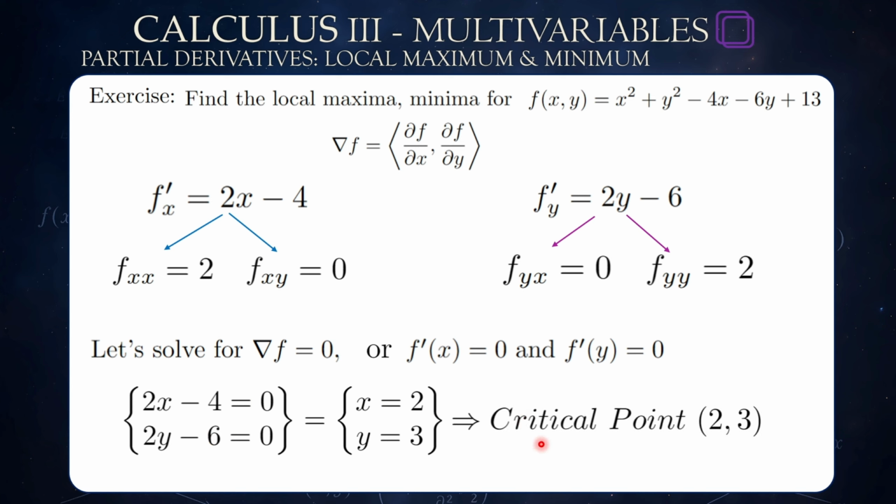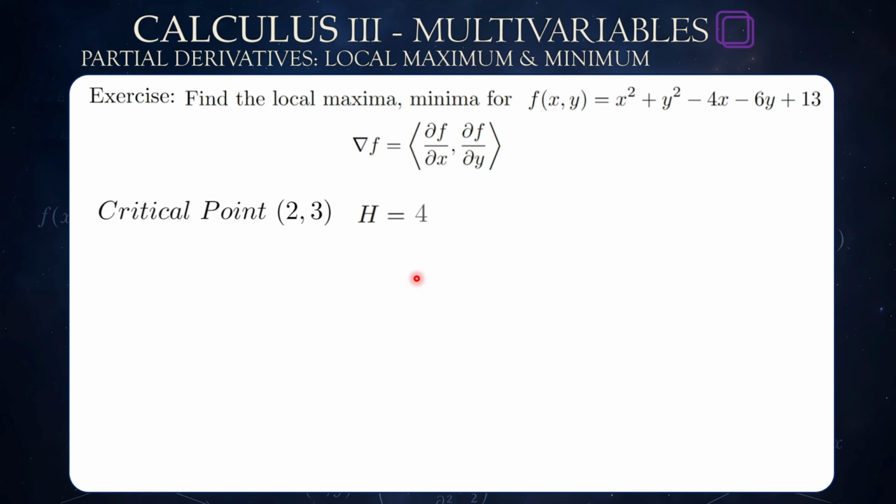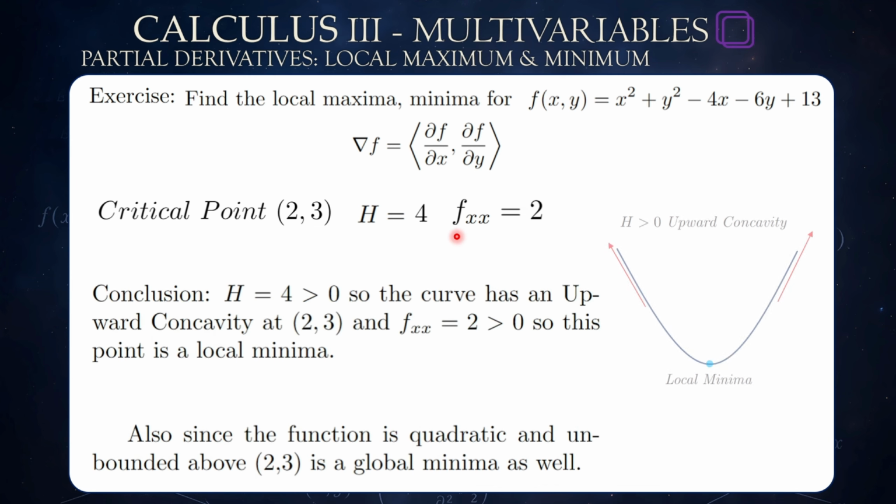That's the critical point. Now that we've gotten the critical point (2, 3), the Hessian value, which is 4, is positive, and fxx, which is 2, is also positive, or greater than 0. What can we conclude from that? As a conclusion, h is equal to 4, greater than 0, and fxx is equal to 2, also greater than 0. So this point, (2, 3), is a local minima. Why?